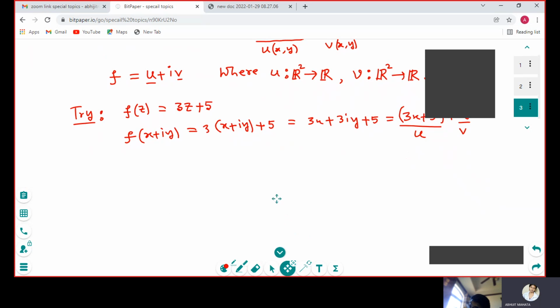Same thing, all the same topics we can study for the complex valued function, because inside the complex number set, we have a process that allows us to measure the distance between two complex numbers.